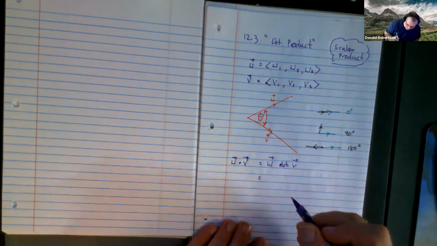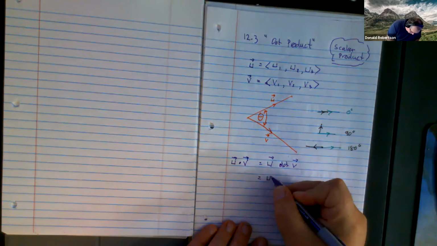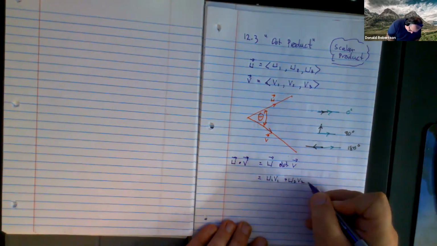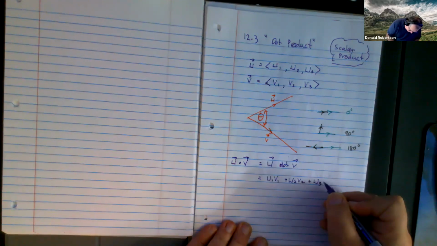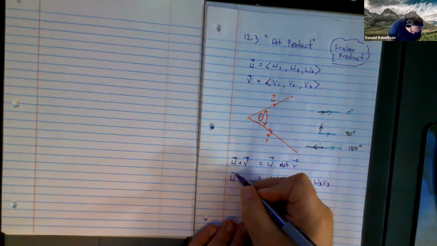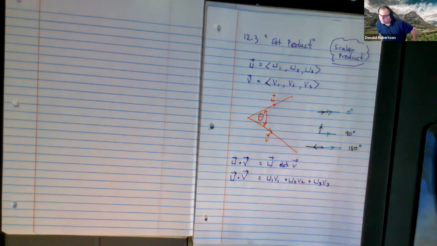The dot product is a scalar, a single number. And it's made up of u1 v1 plus u2 v2 plus u3 v3. So far, so good.